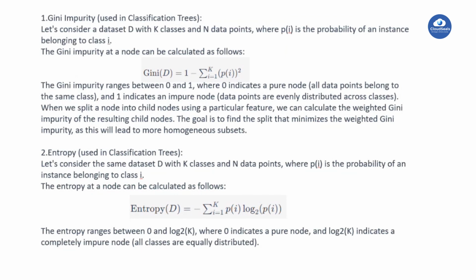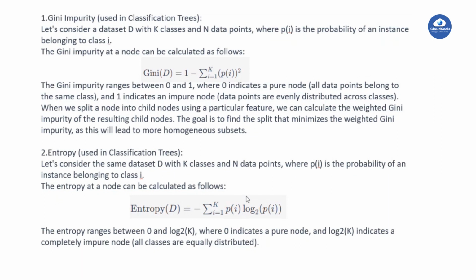Coming to the entropy. Let's consider the same data set D, with K classes and data points. Here also we will calculate the probability: 1 minus sigma of the probability for each and every class, and for entropy, sigma of probability times log of probability.